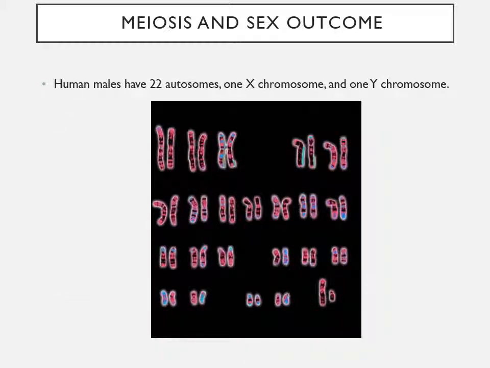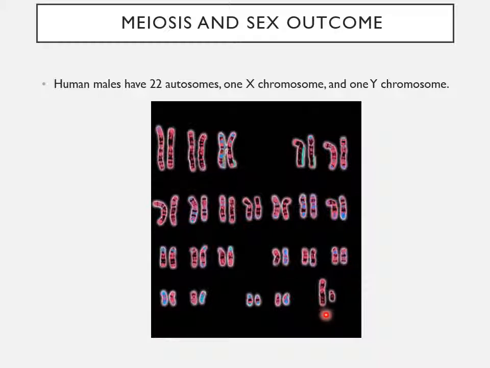So human males have 22 autosomes. They have one X chromosome and one Y chromosome. So when a human male cell goes, or not even a human male, but a male from any organism goes under meiosis, remember, on each of these pairs, one chromosome will go into one of the new cells, one chromosome will go into the other new cell.